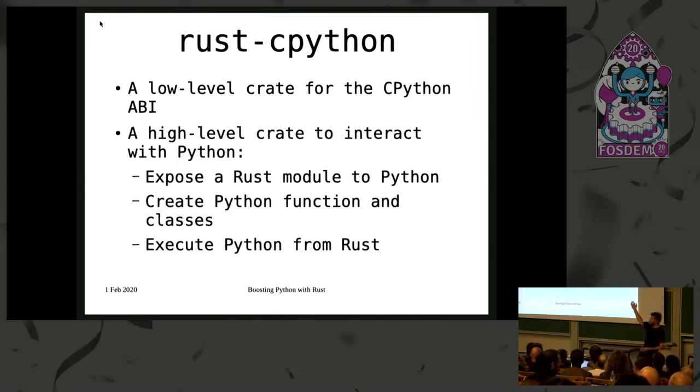It has a low-level crate for binding to the CPython ABI. So basically, you would never interact with that, and a high-level crate to interact with Python, so to expose a module that looks like a Python module to Python, create functions, classes, and execute Python from Rust, which means that you get like an eval function. You could just put Python within Rust and just execute within a context.